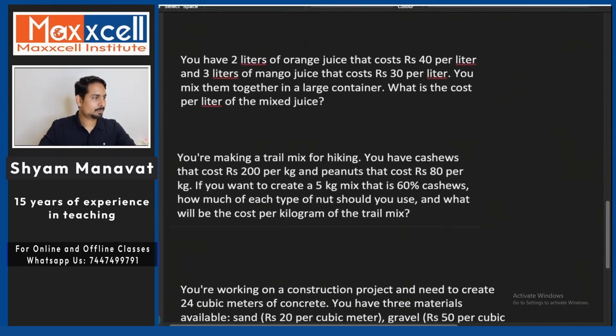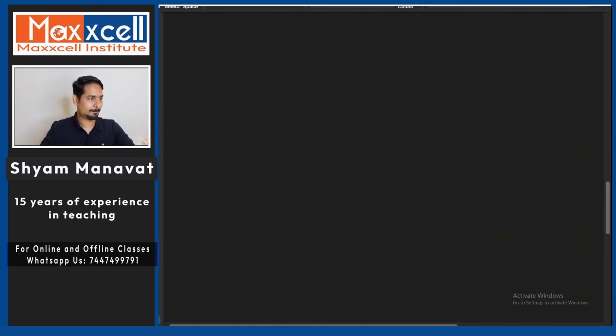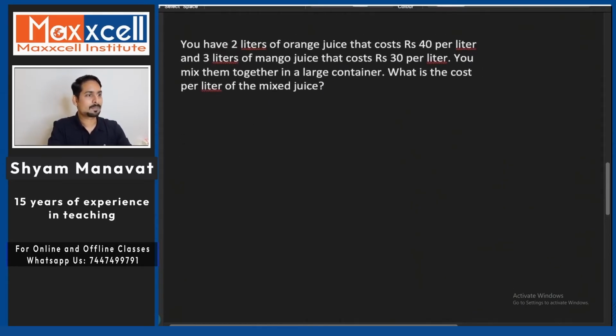Okay, let's see some more questions along the same line. We'll get some idea. Next question: you have 2 liters. It's an easy question, no formula, as I said, and we have solved one question already. So you can pause the video and try to solve this question. So what do we have? You have 2 liters of orange juice costing 40 rupees per liter, and 3 liters of mango juice costing 30 rupees per liter.